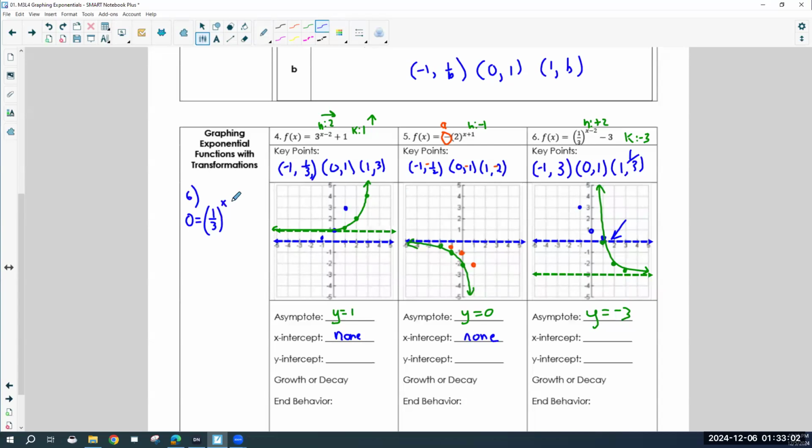Now, I know you might be able to see it on the graph, but the graph can't really be trusted perfectly. You need to double check it. Remember, an x-intercept means you let y equal 0 or f of x equals 0. So I'm just going to solve this by reversing the order of operations. I'm going to add 3 first. And again, why are we doing that?